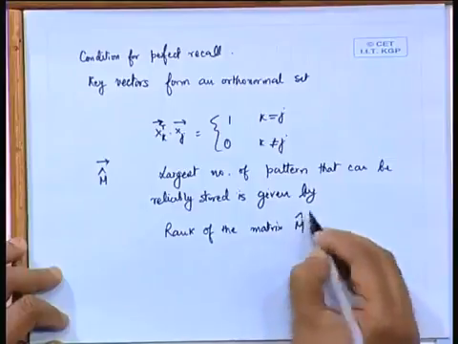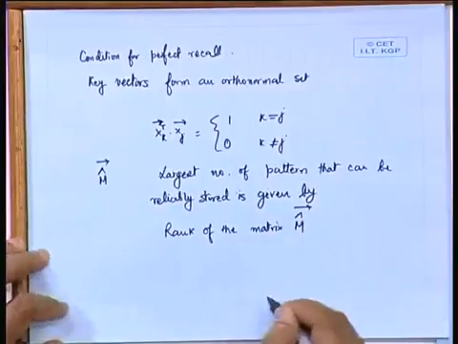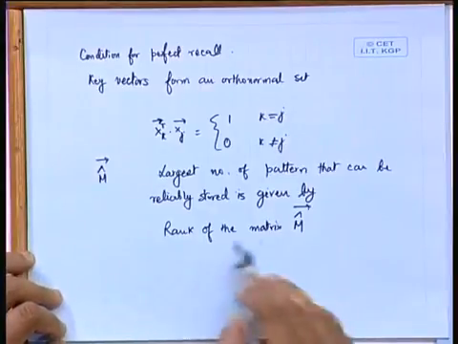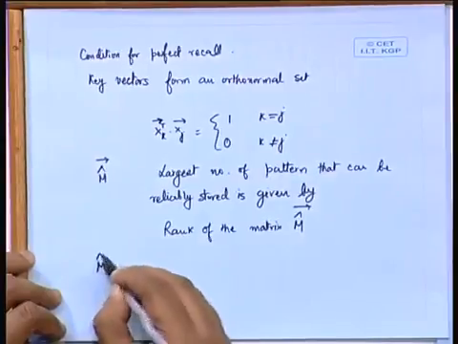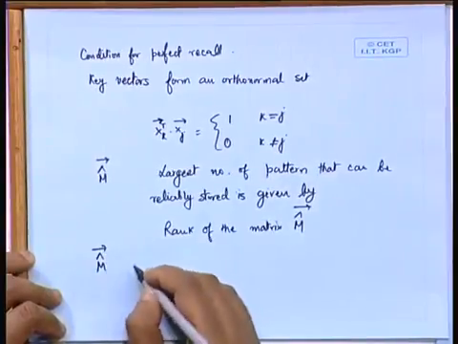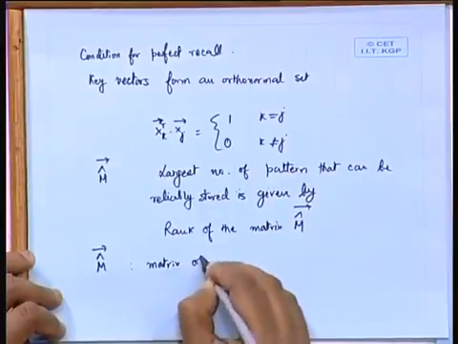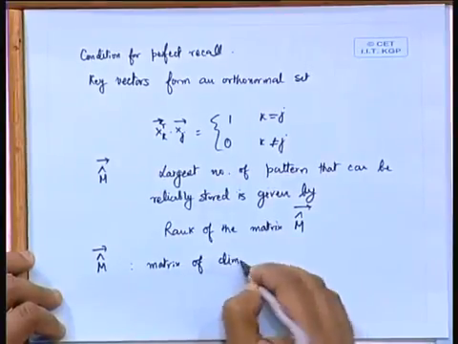It has been shown analytically, and we are not going into the derivation of that. All right. Now, this matrix M, we can say, is a matrix of dimensions L by M.